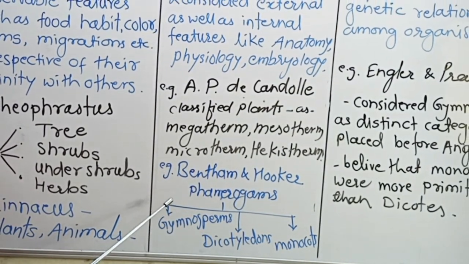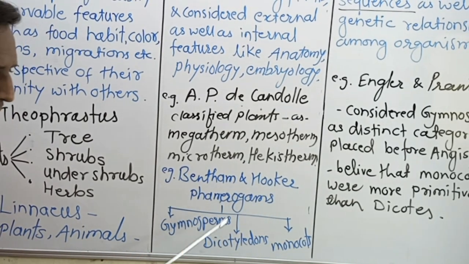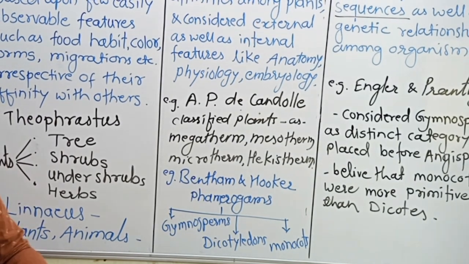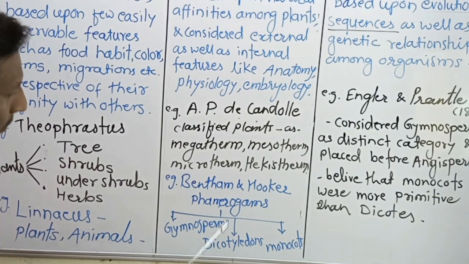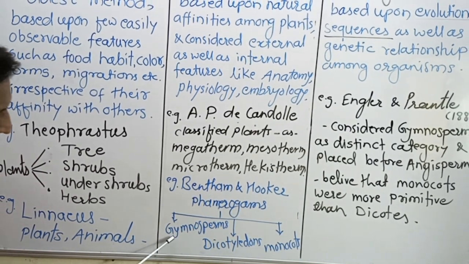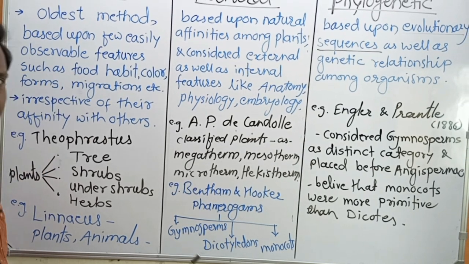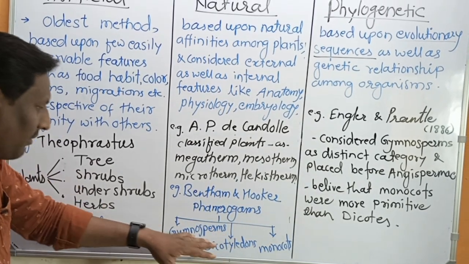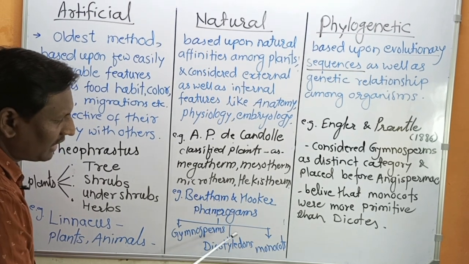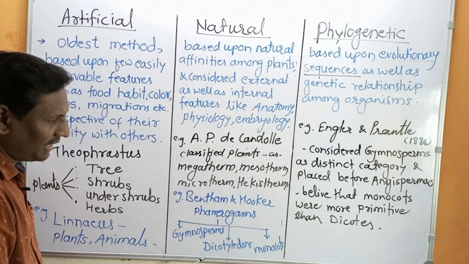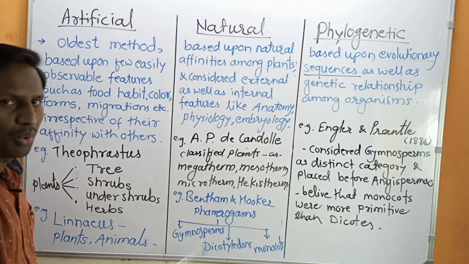Another method of classification of the natural system was given by Bentham and Hooker, where the plants are classified into two main groups, cryptogams and phanerogams, whereas the phanerogams are divided into gymnosperms, dicotyledons and monocotyledons. Fine, all of these were on the same level. Okay, so here gymnosperms, dicots and monocots are seen in one line. This is called the natural system of classification, Bentham and Hooker.